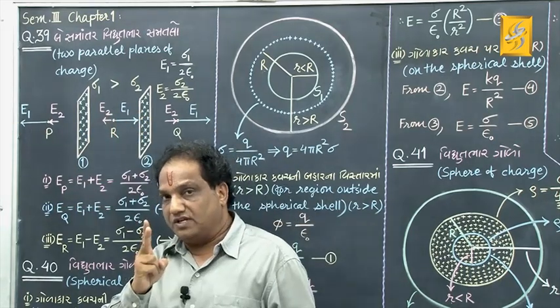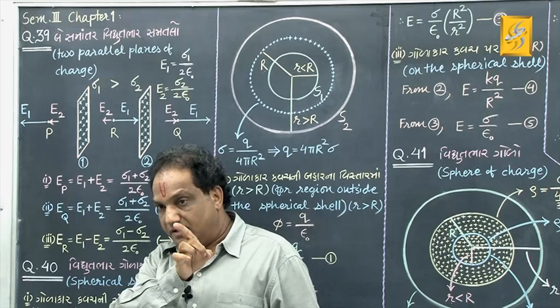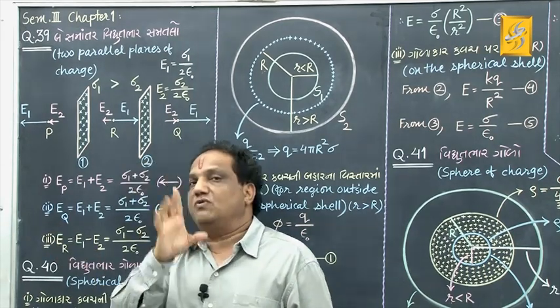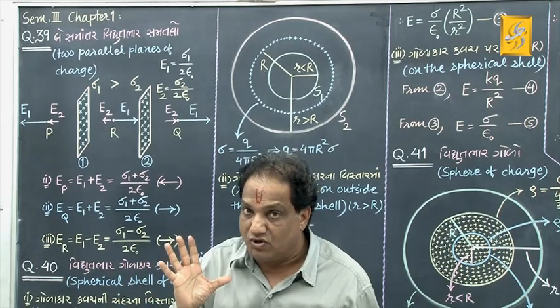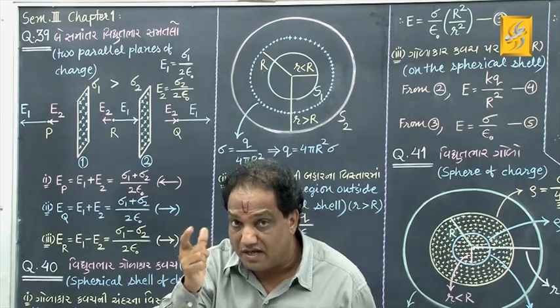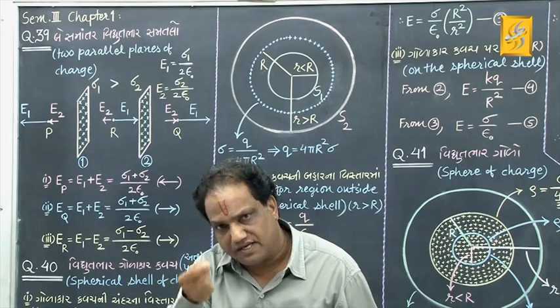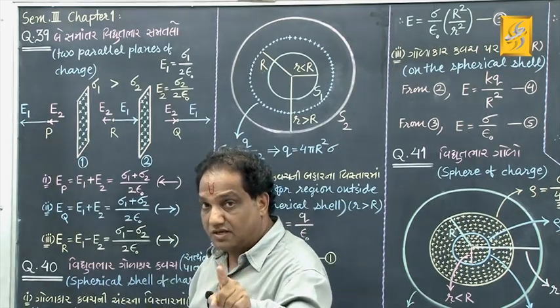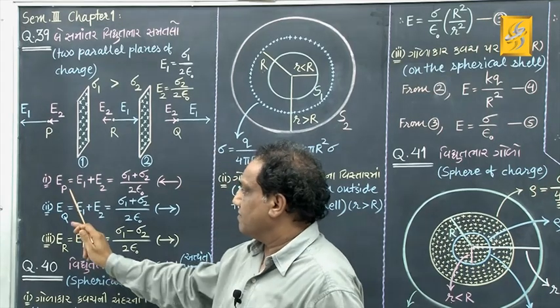And you know, when two vectors are collinear and pointing in the same direction, to find the resultant vector, what do we do? We make their scalar addition.